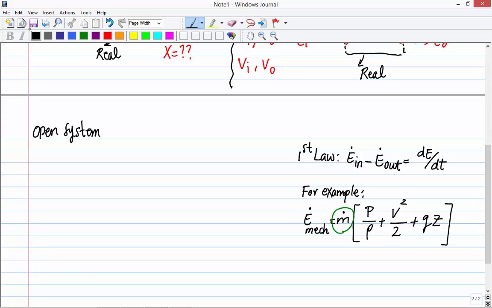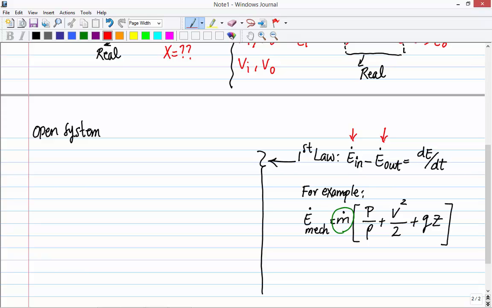So the first law is a combination of different energies. These two E dots represent different types of energy.